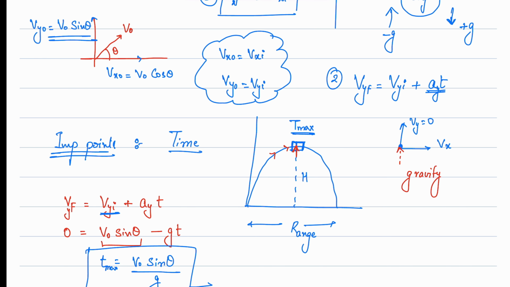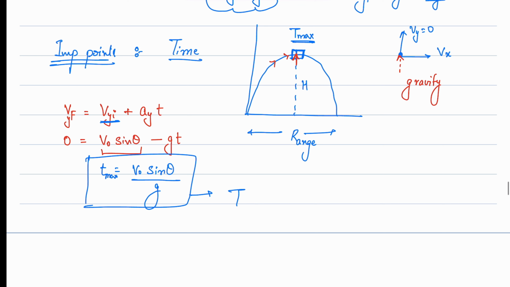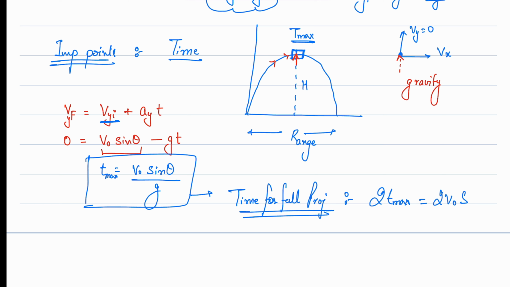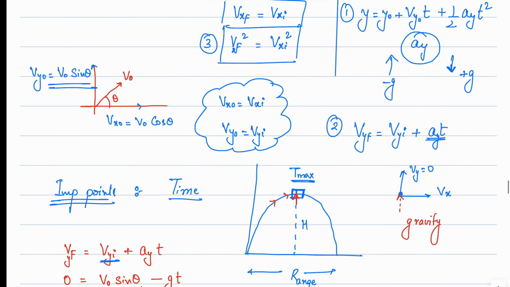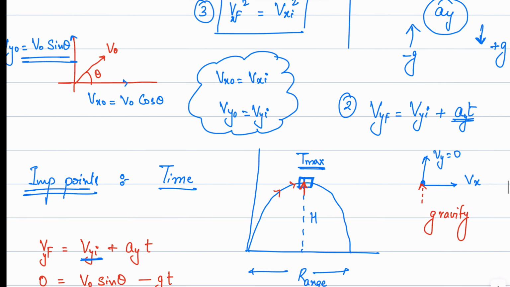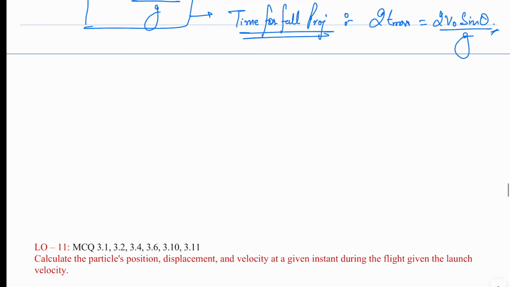And if you want to solve for the full time of the projectile, then you just need to multiply by 2 times T max, which is equal to 2 times v naught sine of theta divided by g. You can use this directly. Fine. These are just the basic things, and if there is anything else, I will cover it in the question itself.